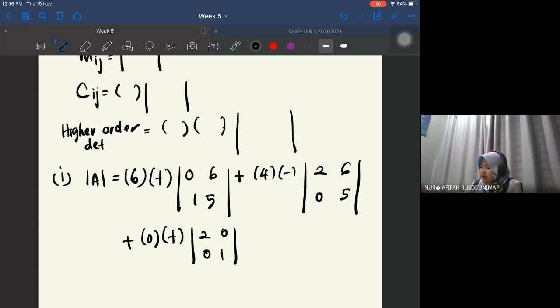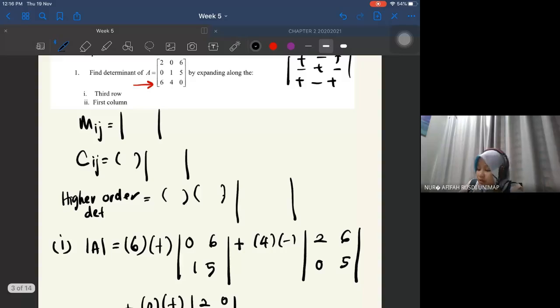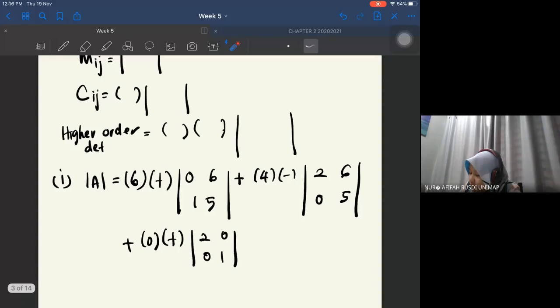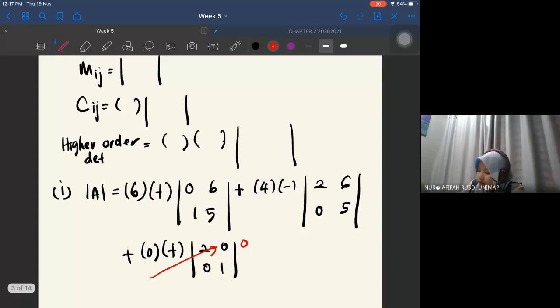Take a look at this one here. If you have element of the matrix 0, dia mudah untuk awak sebabnya kosong ni kita darab dengan apa-apa pun kita akan dapat 0, kan. So you can simply cancel out this one to be 0. So you end up with this.